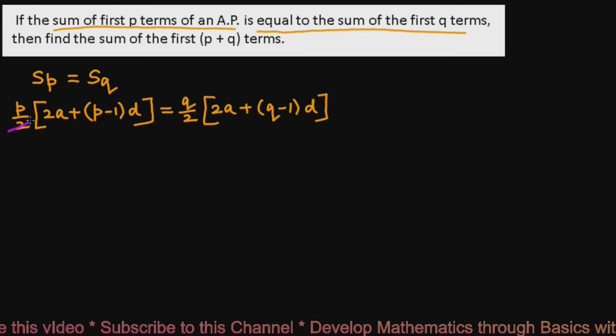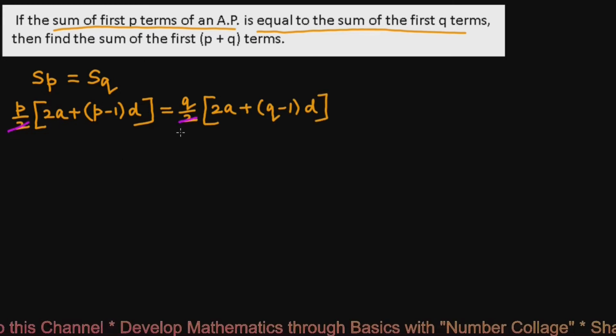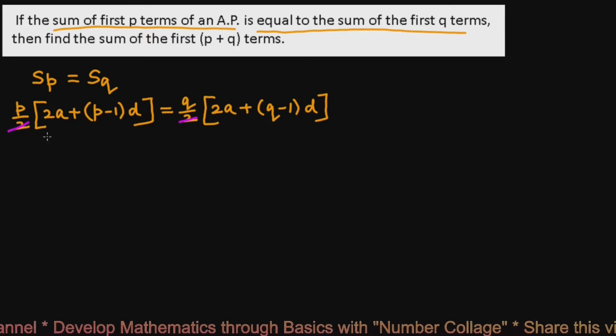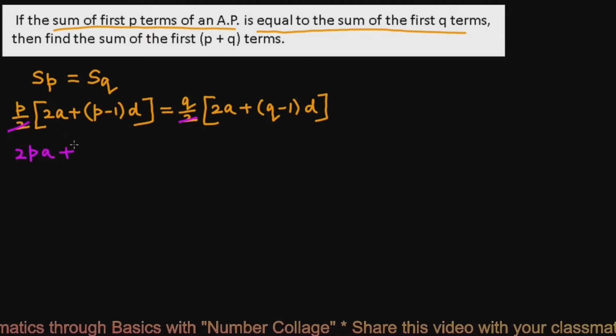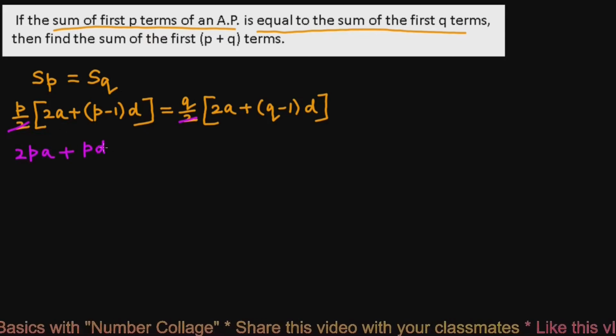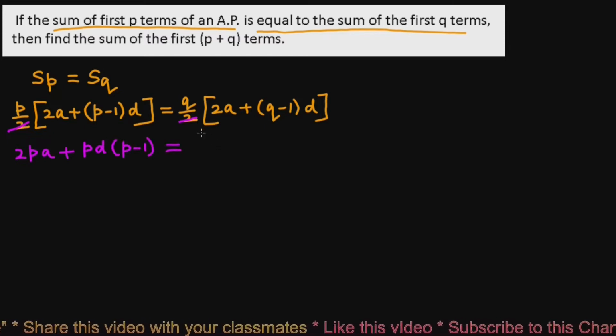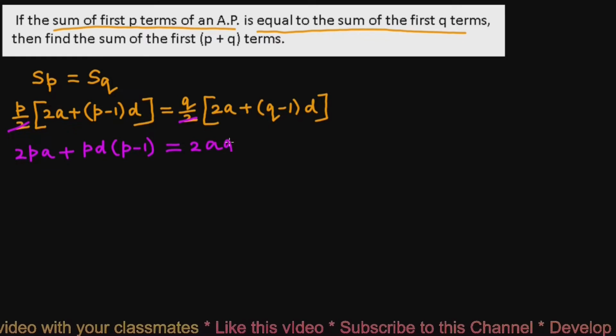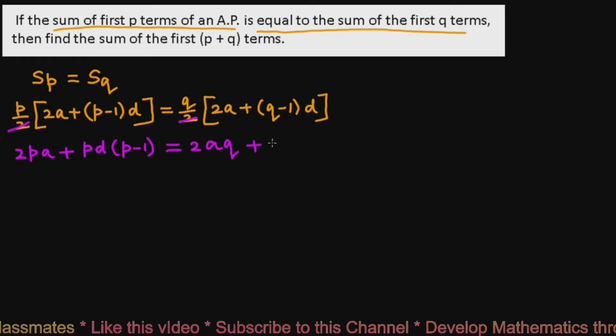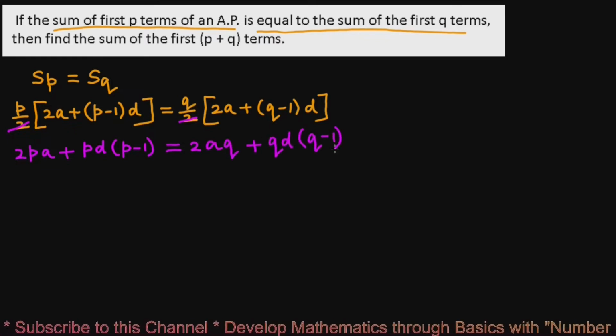Now this 2 cancels from both sides. Next we write p into 2a, 2pa, plus p into d into (p minus 1), which equals q into 2a, 2aq, plus q into d into (q minus 1).